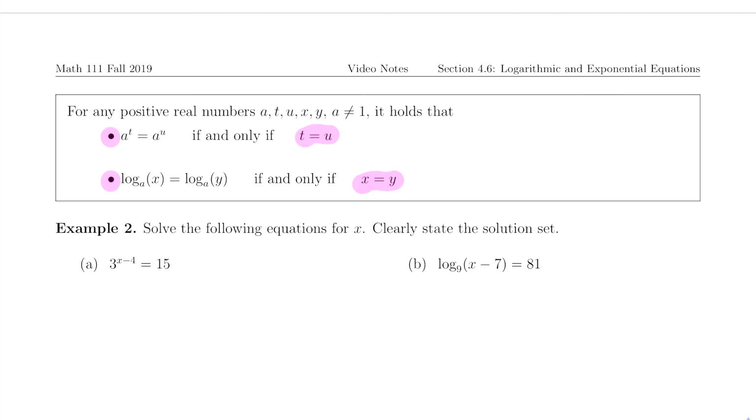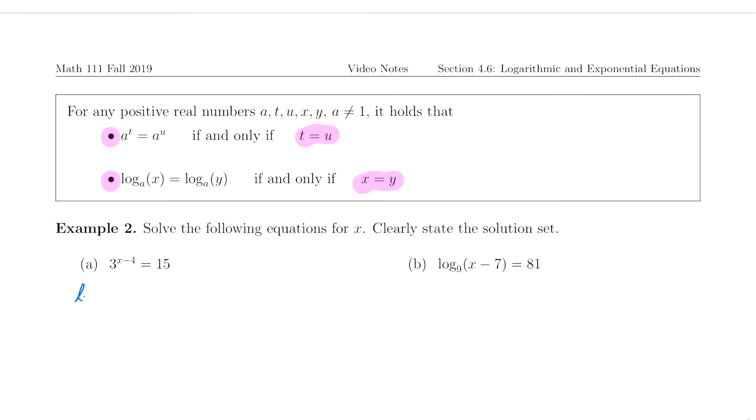So in the case of the exponential equation, based on the second law, we have a number on the left and a number on the right, so if I take the logarithm of each of those numbers, then the left side will still equal the right one. So that will look like this.